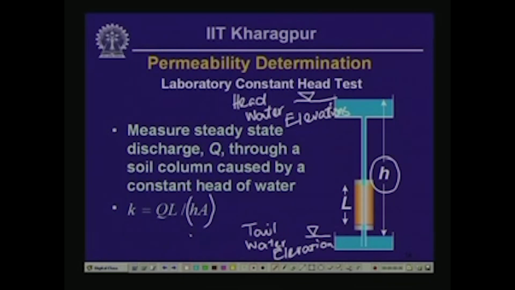Q is in units of volume per second, L and H are in length units, and A is in units of square of length. So what you end up with is permeability K in units of 1 over length.